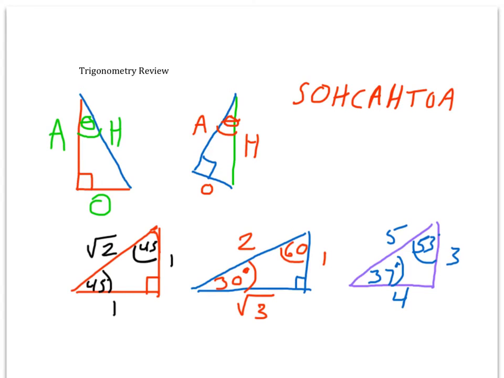Also, along with this, you should all know that the sine of 0 degrees is 0. The sine of 90 is 1.